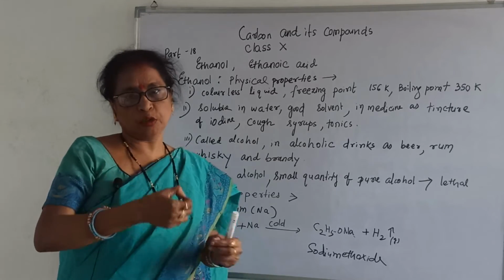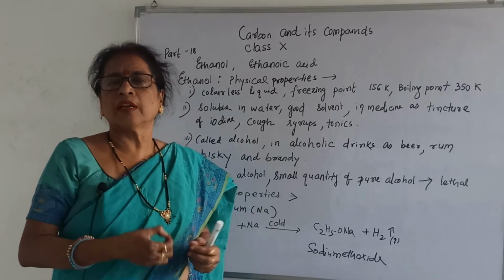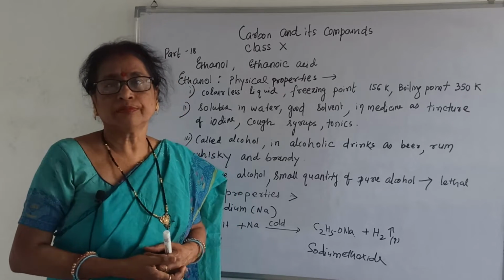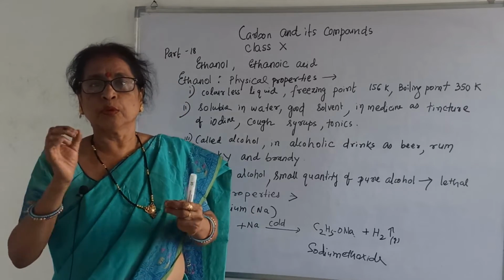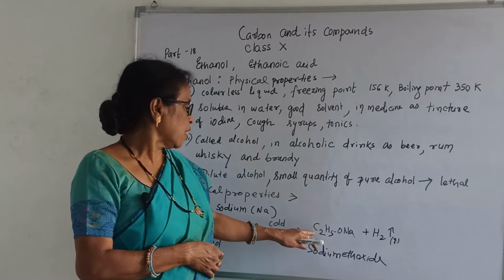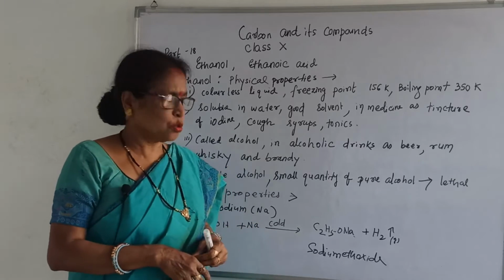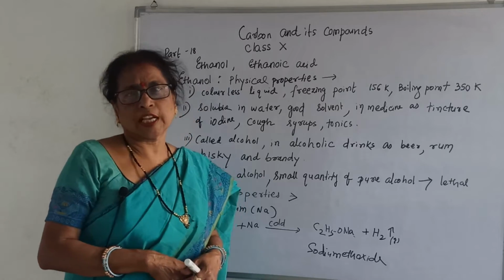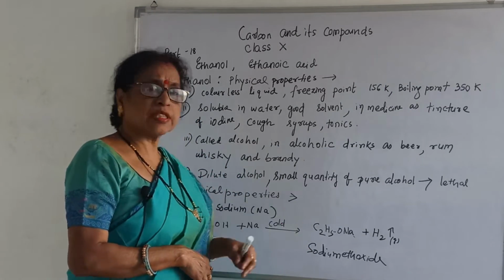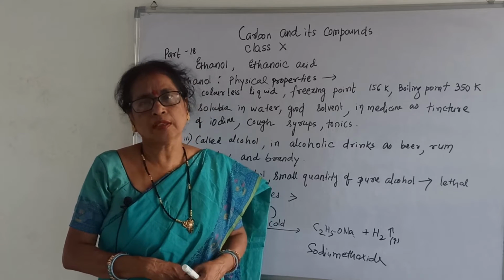So you take it from the kerosene and add it to the ethyl alcohol. What happens? Hydrogen gas evolves with a sound. It also catches fire if you show a match. The other product is sodium ethoxide, which can't be seen. It is inside the solution, and that is called sodium ethoxide. Again see, with sodium metal it will give sodium ethoxide and hydrogen gas.